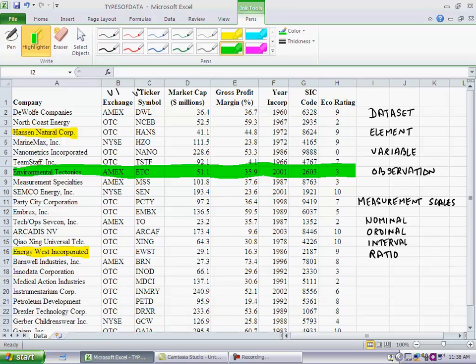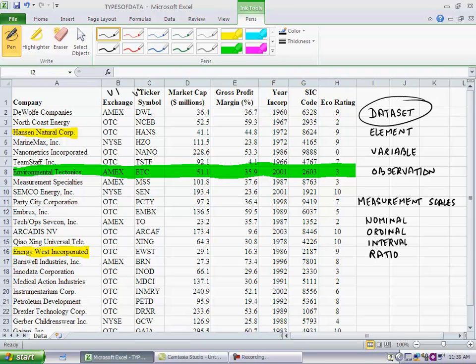An observation is simply the collection of measurements associated with one particular element, and it's typically a row in the spreadsheet. This entire collection of observations for all the elements together is what is called a data set. So a data set is simply the total collection of data, all the observations for all the elements.